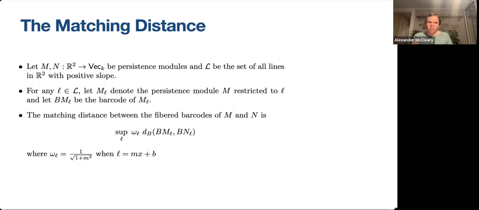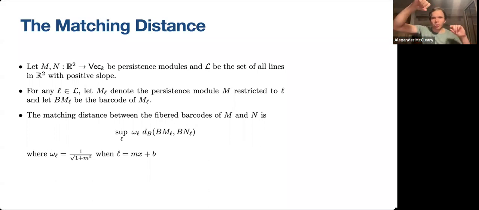Okay, and now the matching distance between fibered barcodes of M and N is going to be this quantity right here. We're taking the sup over all lines L, and this W sub L is a weight function. We'll get to that in a second, but for now, just ignore that W sub L. What we're looking at is the sup over all lines L. Essentially we're maximizing over all possible lines of the bottleneck distance between the two barcodes of the persistence modules restricted to those lines.